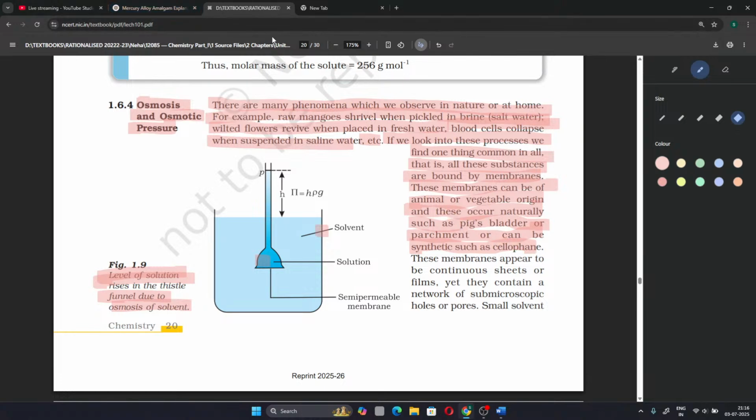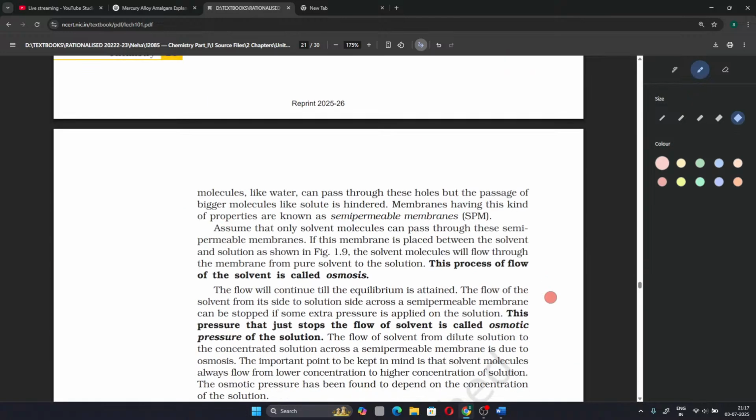These membranes appear to be continuous sheets or films, yet they contain a network of submicroscopic holes or pores. They seem like continuous sheets, but they have pores. Small solvent molecules like water can pass through these holes, but the passage of bigger molecules like solute is hindered.